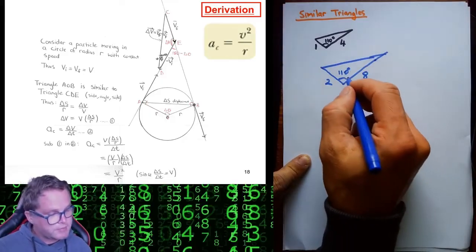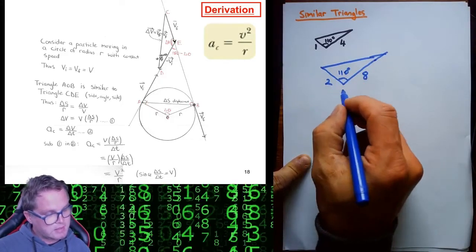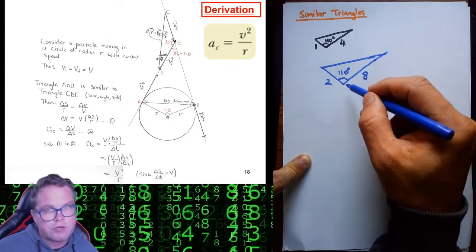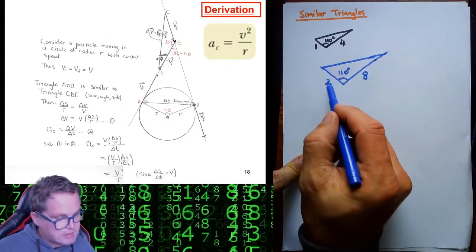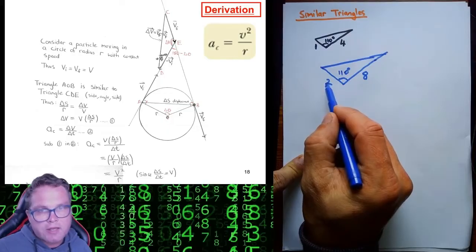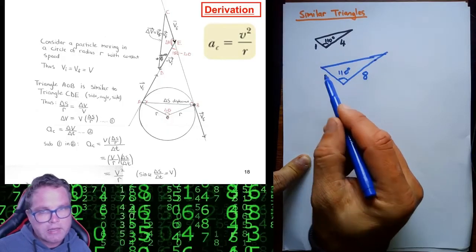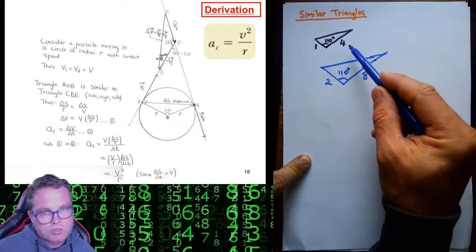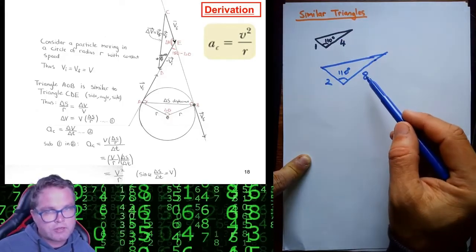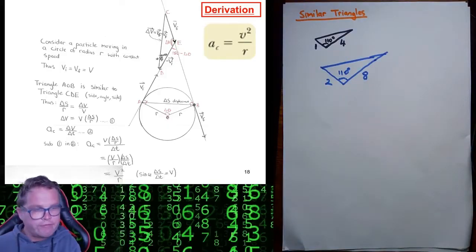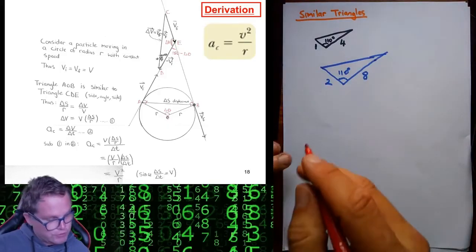These two are similar in the sense that the second one is a magnified, bigger version of the other one. You can see this side's length is twice the black triangle's length, and here we have a length which is twice the black triangle's length once again. We could have an even bigger version of this triangle.